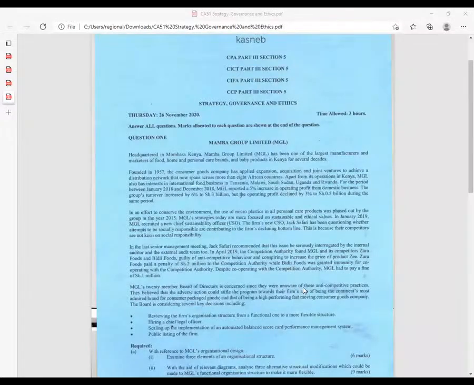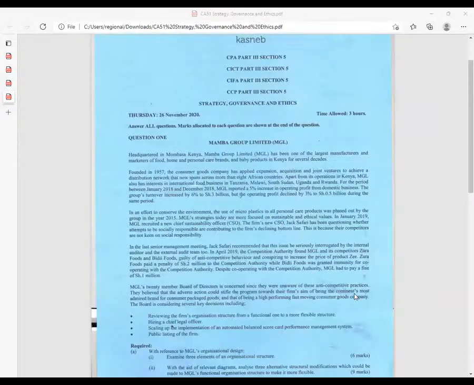They believe that this adverse action could stifle the progress towards their firm's aim of being the continent's most admired brand for consumer packaged goods, and that of being a high-performance, fast-moving consumer goods company.